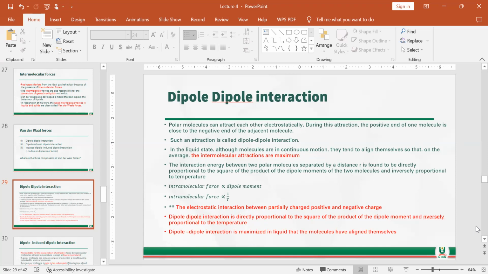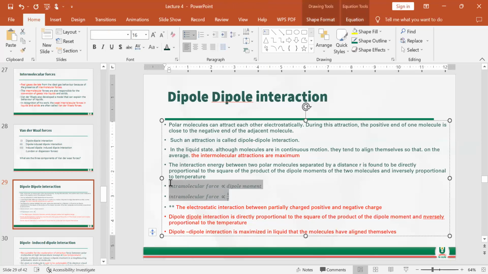The interaction energy between two polar molecules separated by a distance r is found to be directly proportional to the square of the product of the dipole moments of the two molecules and inversely proportional to temperature. You can see that this is very significant information.